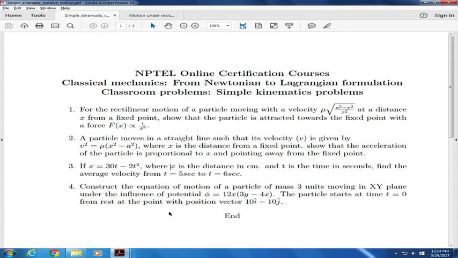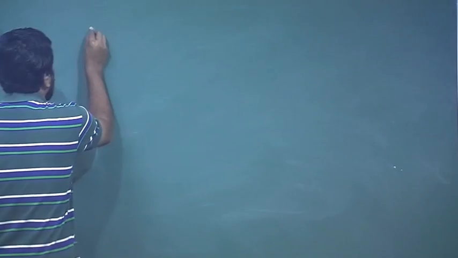Construct the equation of motion of a particle of mass 3 units moving in the xy plane under the influence of potential phi, which is a function of x and y, and the particle starts at time t equal to 0 from rest at the point with position vector 10 i cap minus 10 j cap. What is given here is the mass of the particle, m equal to 3 units.